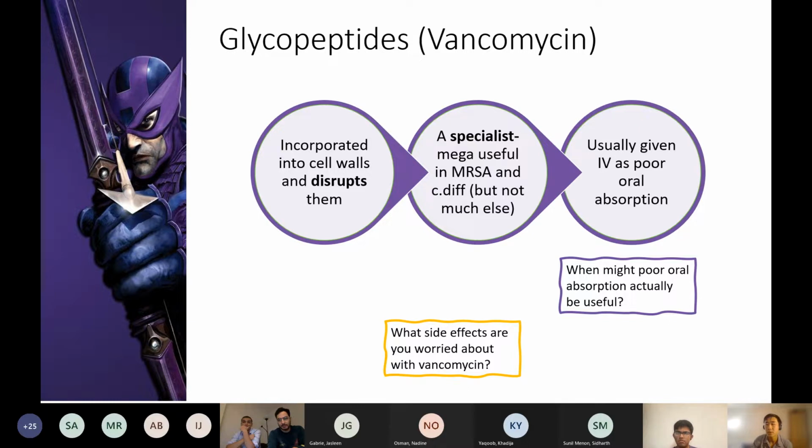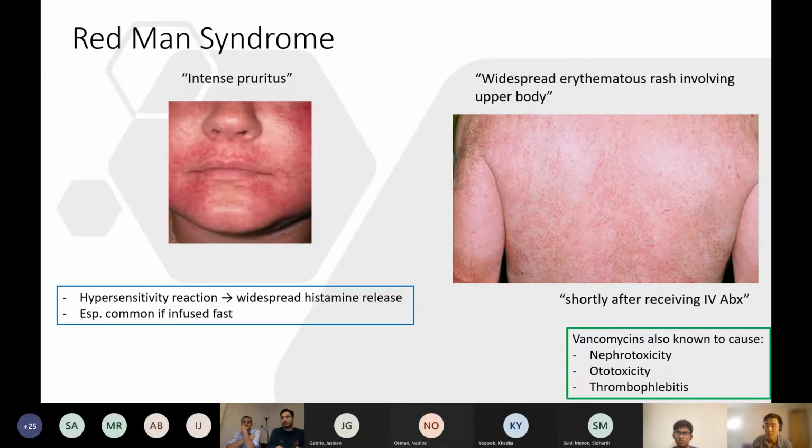Has anyone heard of red man syndrome? Ototoxicity, good shout. It does do that as well, and we'll talk about that later. But the one that's almost unique to vancomycin is something called red man syndrome.